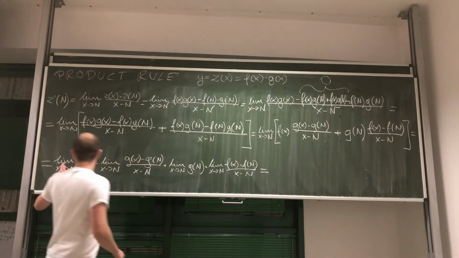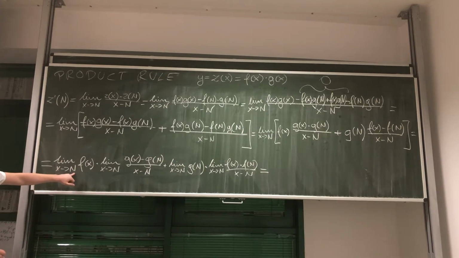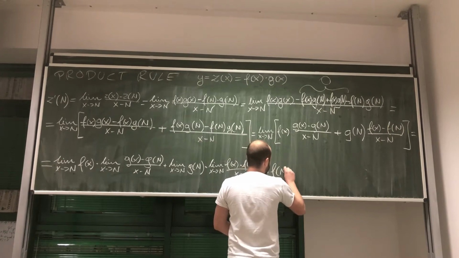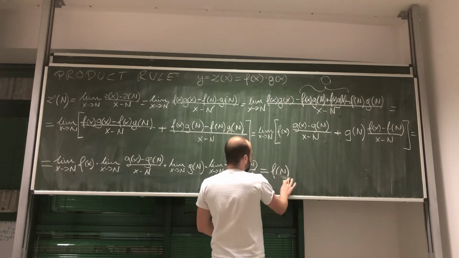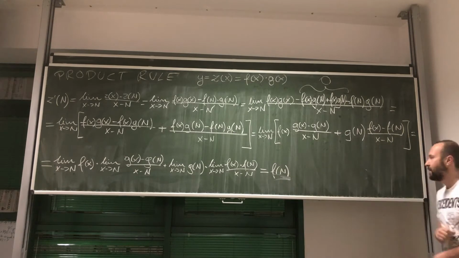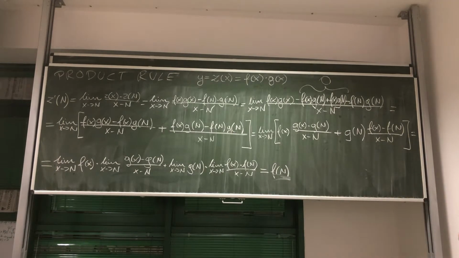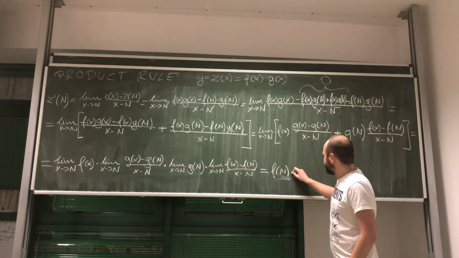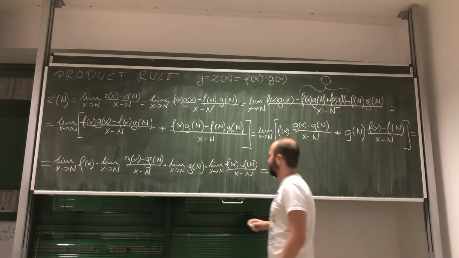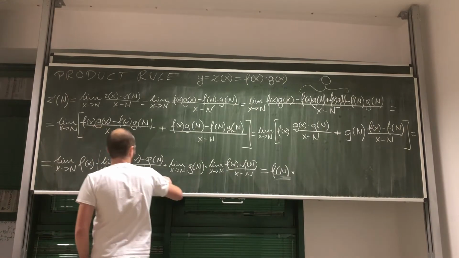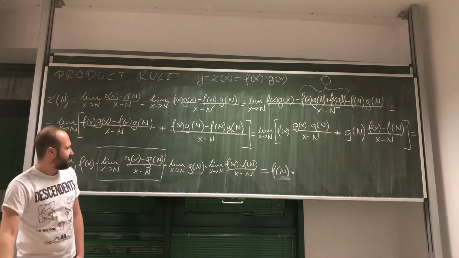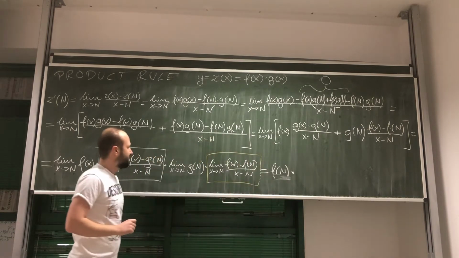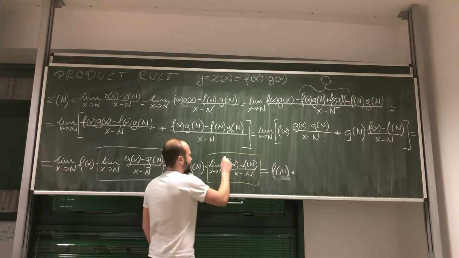The limit of this function as x approaches n is going to be equal to f of n. We're assuming that the function is differentiable to begin with, so we can find the limit in this case by substitution. Now, times what? Let's look at this expression. Or maybe it would be even better if we start with this expression. Does this look familiar? What do we have at the top?